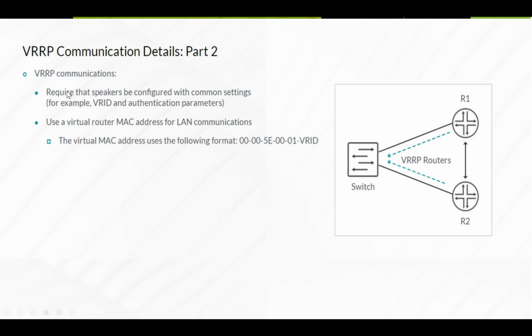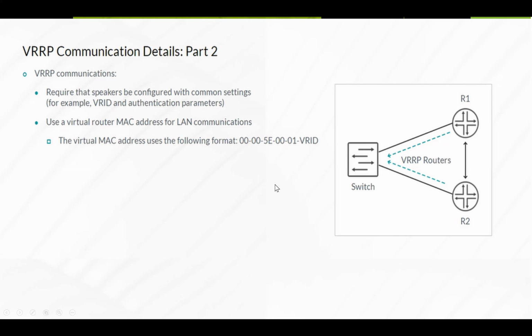And the second part is an optional parameter. You can configure authentication between the VRRP routers. You can configure it or not, no issue.